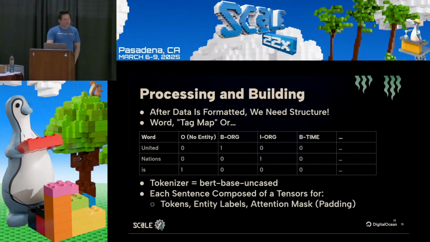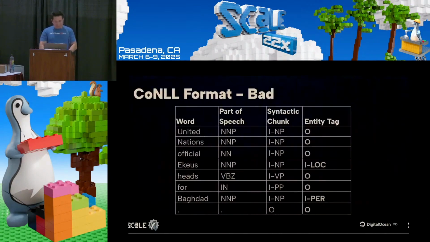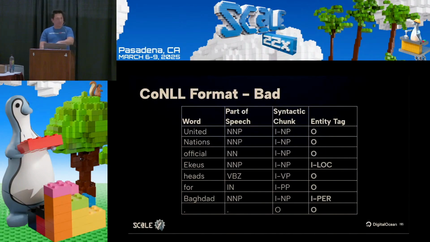And so if we were to build out, and this is where it gets slightly more difficult, and actually I probably should mention, the O entity tag means we don't care about this. We're not interested in this word at all.